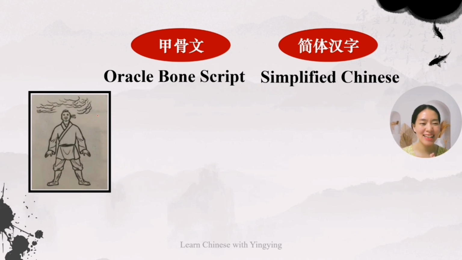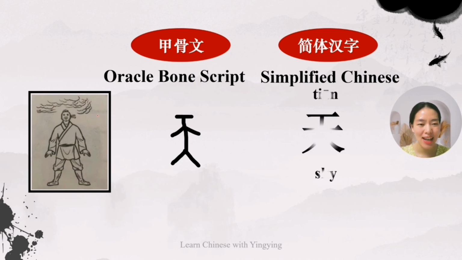Okay, if you are done, let's look at how people did it 1,000 years ago, the oracle bone script. Is it similar to yours? I believe so. And after 1,000 years of simplification and evolution, it became this one, the simplified Chinese.